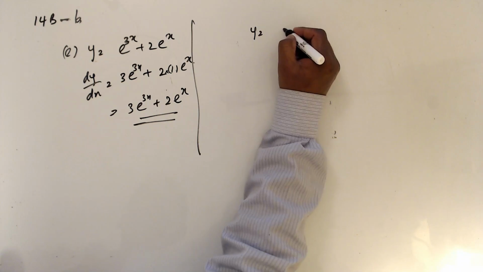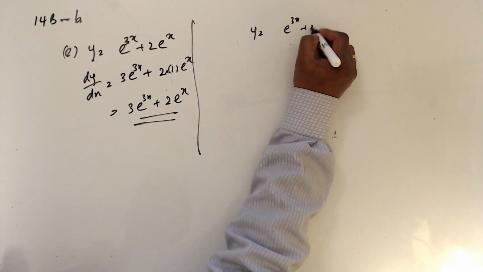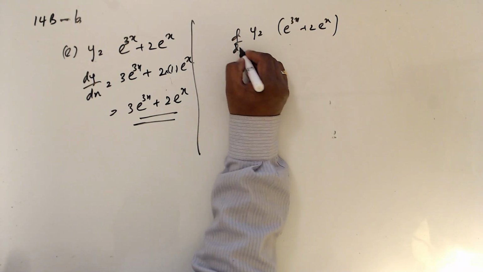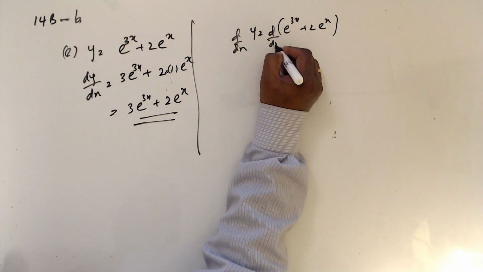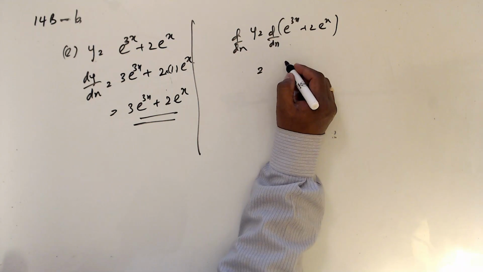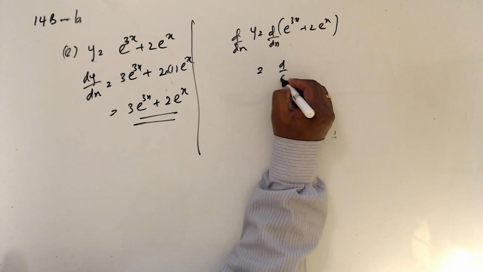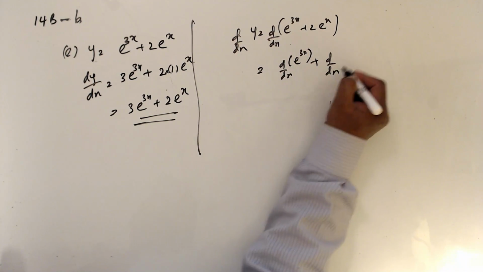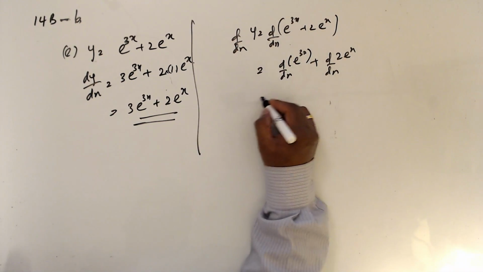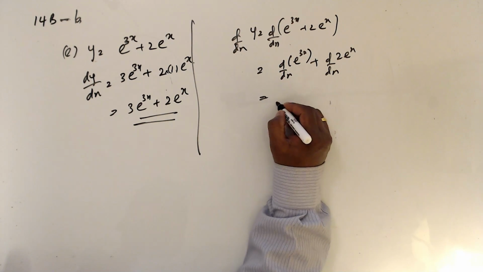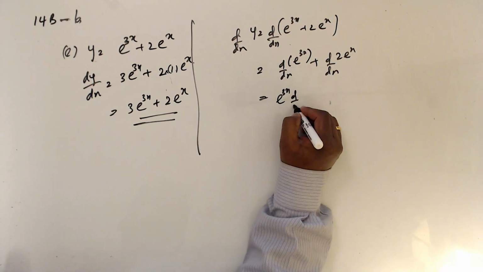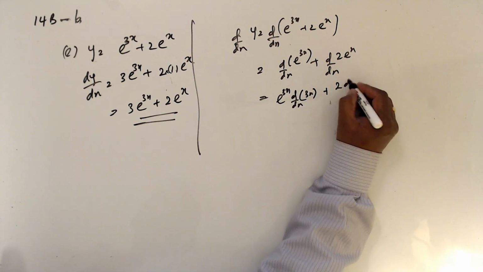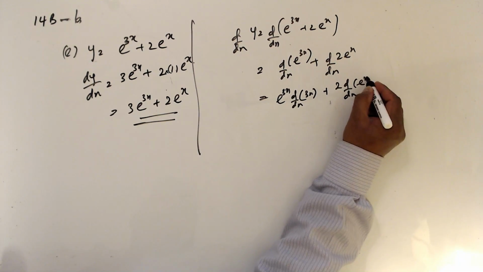Y equals e^3x plus 2e^x. So bring the operator: dy/dx equals d/dx of e^3x plus d/dx of 2e^x. So this is e^3x times d/dx of 3x plus 2 d/dx of e^x.